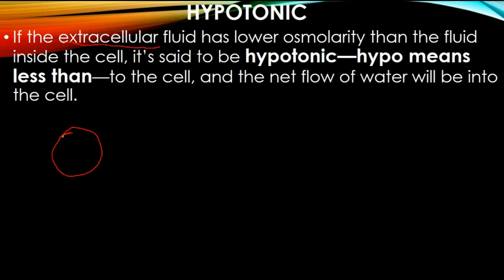Understand? So when we're dealing with osmosis, molecules can either be in or out. So extracellular fluid has lower osmolarity than the fluid inside, so it is said to be hypotonic. Hypo means less than to the cell, and the net flow of water will be into the cell.